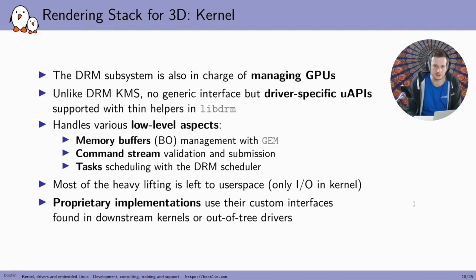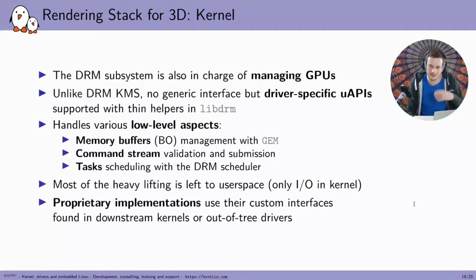Okay, so now let's take a look at the 3D rendering stack, starting with the kernel side. This is also handled by DRM, just like for display. DRM will manage the GPUs. But unlike KMS, unlike the display part, there is no generic Userspace API for the render part, for the 3D or GPU related part.